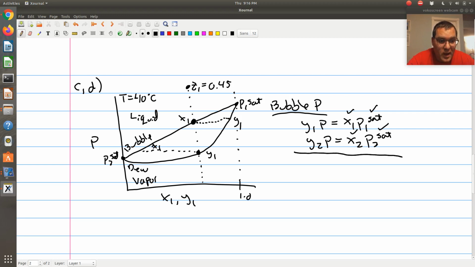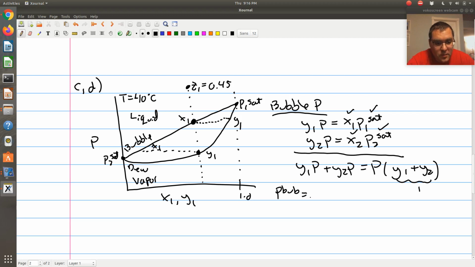So the trick then is to add the two equations together to kill y. If I add these together, looking at the left-hand side, I'll have y1 P plus y2 P. That's the same P, so I can factor it out and write it as P times (y1 plus y2). Well, y1 plus y2 is just equal to 1. So when I add these two equations together, I get P, and this is going to be P bubble. P bubble will just be x1 P1 sat plus x2 P2 sat.